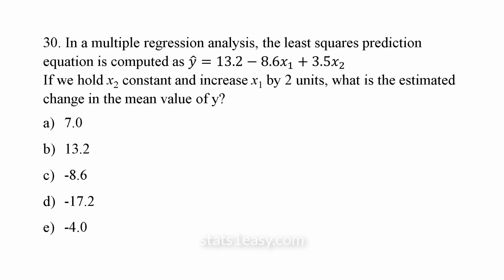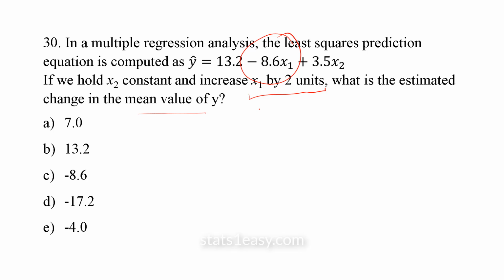In this question, in a multiple regression analysis, the least squares prediction equation is computed as this. If we hold x2 constant and increase x1 by 2 units, what is the estimated change in the mean value of y? So we're basically just saying, if we hold x2 constant, what will happen to y if x1 is increased by 2 units? Now we know that if x1 is increased by 1 unit, on average, y will decrease because of the negative, by 8.6.